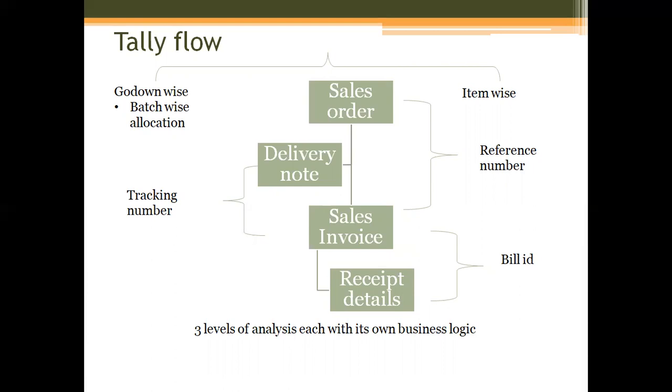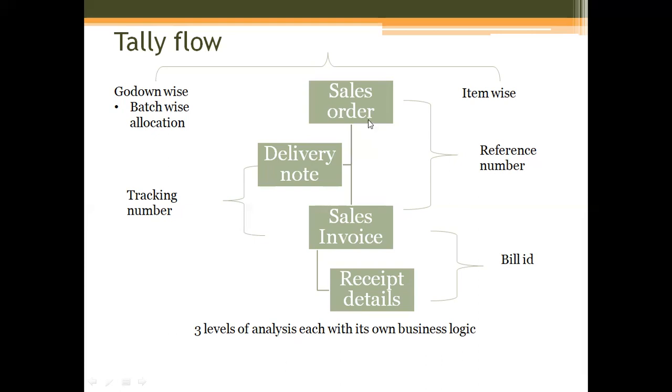So it will affect your stock valuations, but it will not affect your balance sheet. After the sales invoice, you have the receipt details. Your sales order and sales invoice are linked by the reference number. Your delivery note and sales invoice are linked by the tracking number. And your sales invoice and the receipt details are linked by the bill ID.